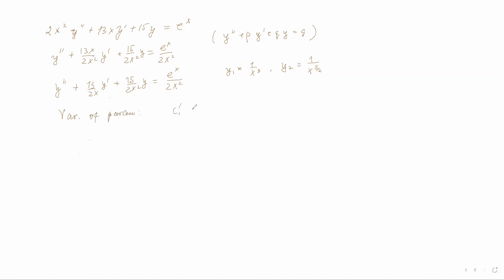That's c1 prime times the first function y1 plus c2 prime times y2 supposed to be equal to 0 because the derivative does not change, and c1 prime y1 prime plus c2 prime y2 prime equals e to the power of x over 2x squared. And you just solve them. And sometimes you won't be able to solve them because integrals are too complicated. Then you can leave everything in integral form.